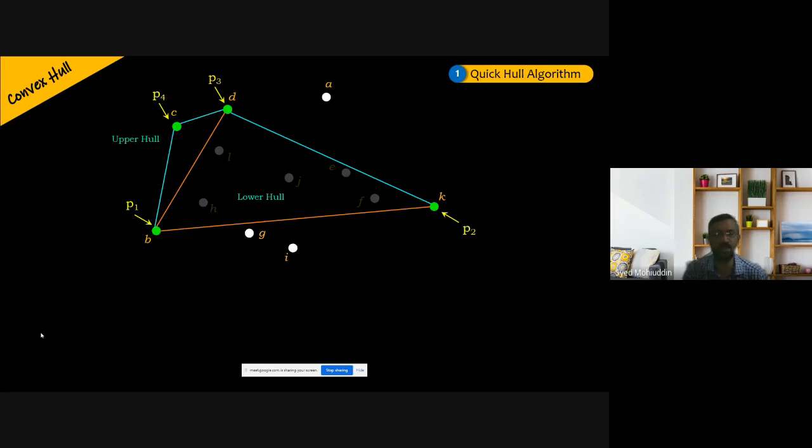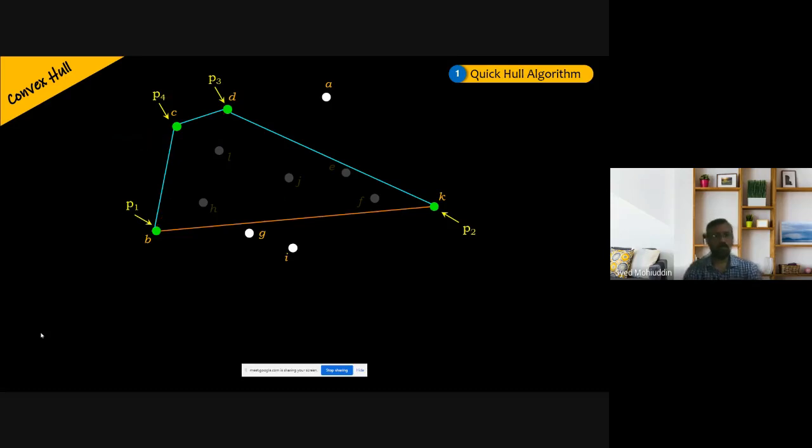Earlier we had taken the extreme points as P1 and P2. So A and K, those 2 points form a part of the hull. Then we found a point D as the extreme point in the upper hull in the first call. So D also becomes a part of the hull. Now C is the extreme point, so C also forms a part of the hull.